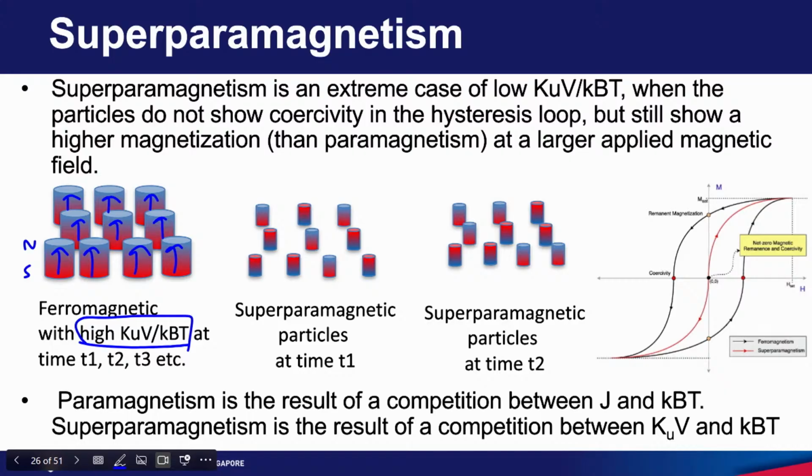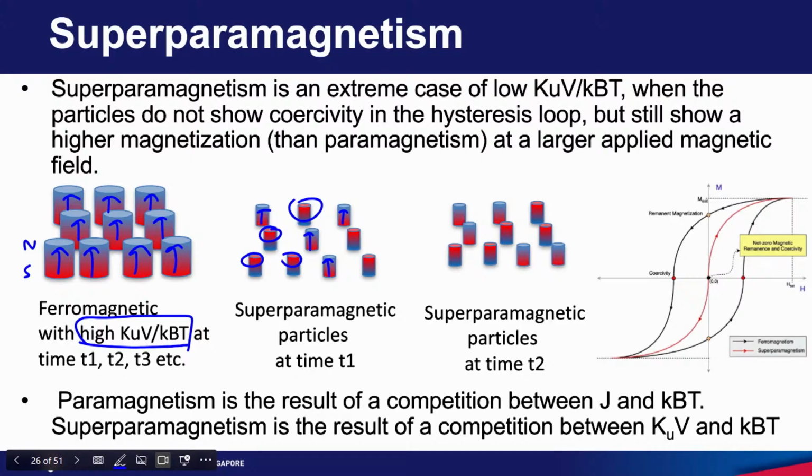Okay. On the other hand, you look at these particles, they are small. So, their volume is small. So, KUV by KBT of these particles is going to be small, and temperature influences the magnetization. Some of them point in the direction, but you can notice that several of the other grains have flipped the magnetization.